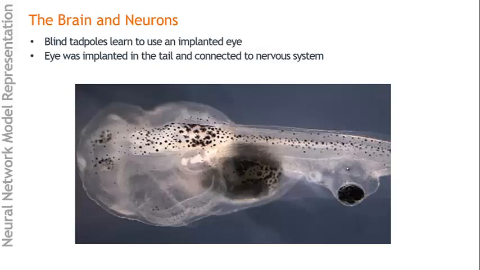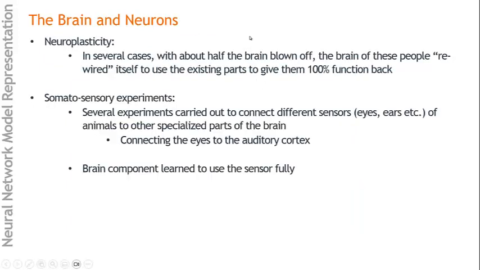So, we see again an example of the flexibility of neurons. Now here's an example of flexibility of neurons within the human brain.